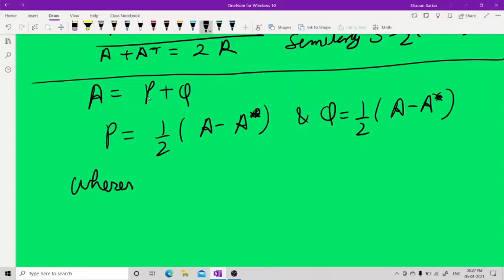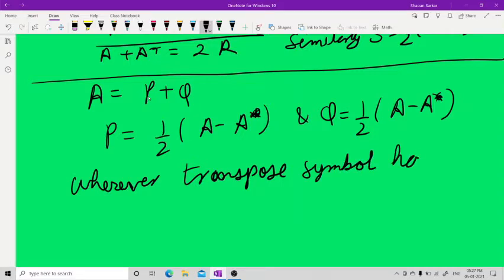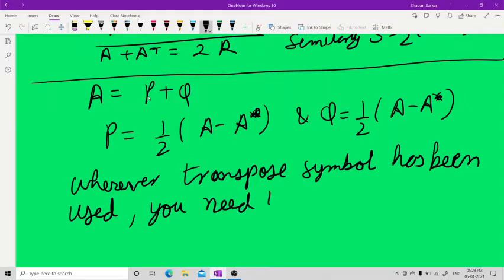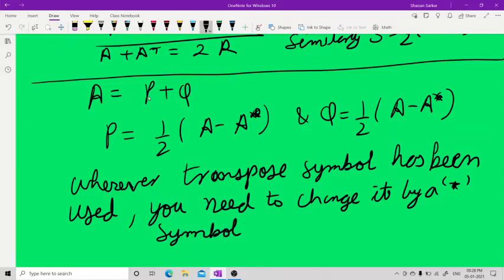Wherever the transpose symbol has been used, you need to change it to a star symbol. That's all. Rest all remains the same.